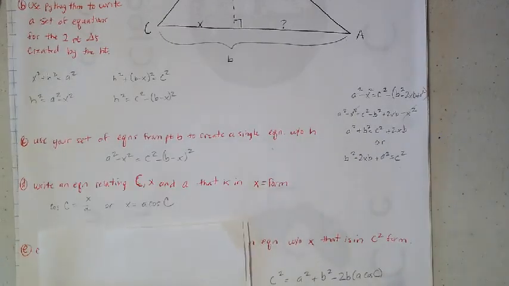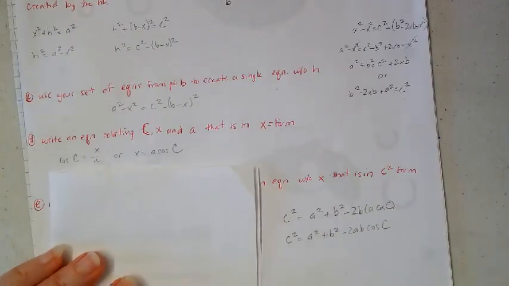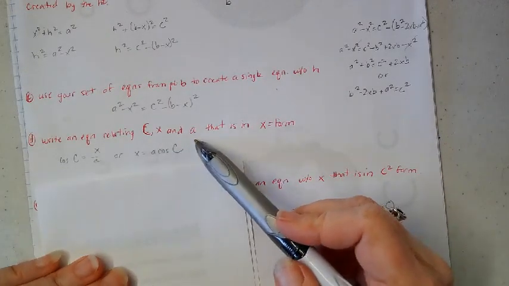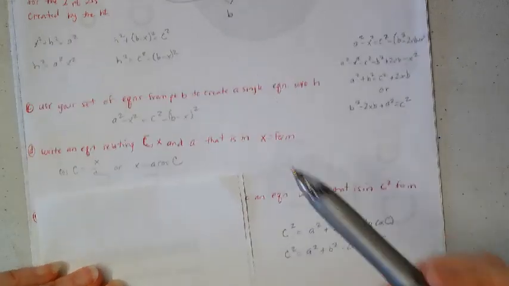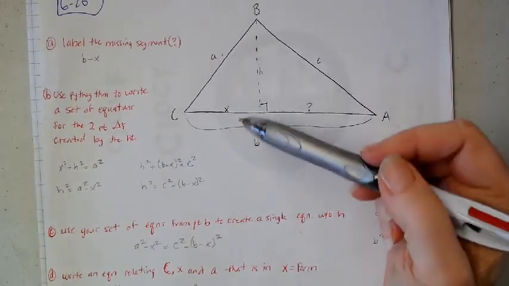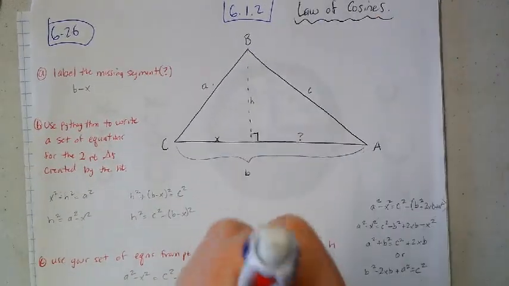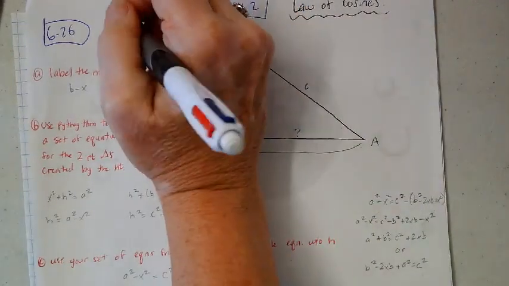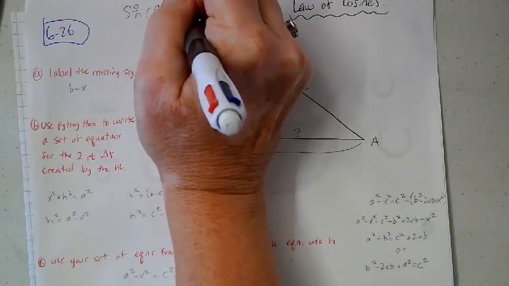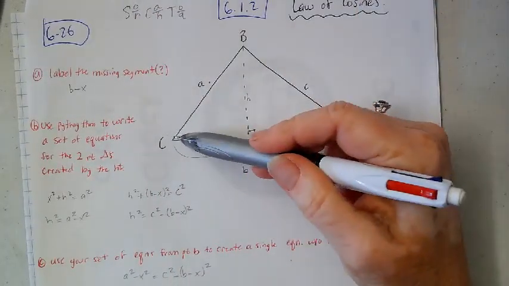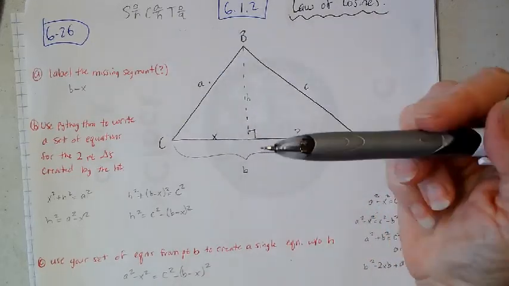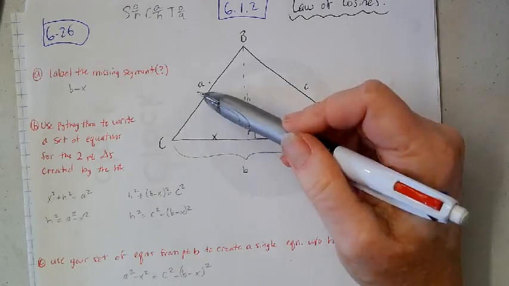And then letter D. Letter D says write an equation relating big C, or angle C, side X and side A, that's in X equals form. So I looked at the big C and the X and the A. And I was thinking about my SOHCAHTOAs. I didn't write them down though. And I was thinking C, X, and A. Well, if I was going to use one of my trig ratios, it would be adjacent and hypotenuse.